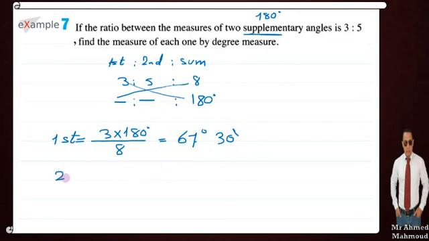Number 2, or the second, equals 5 times 180 over 8. By using the calculator, it equals 112 degrees and 30 minutes, 0 seconds.